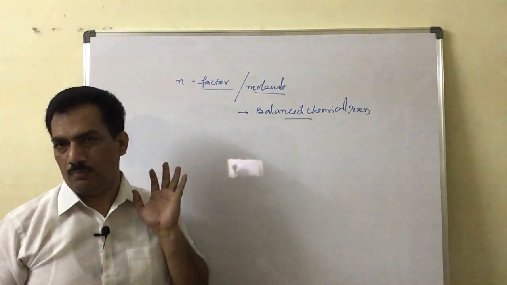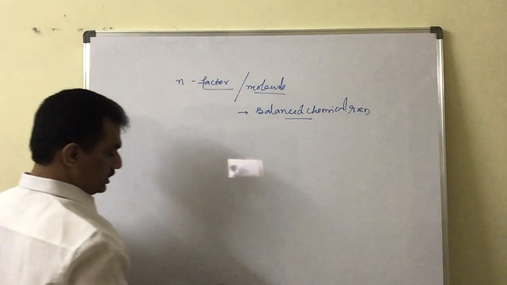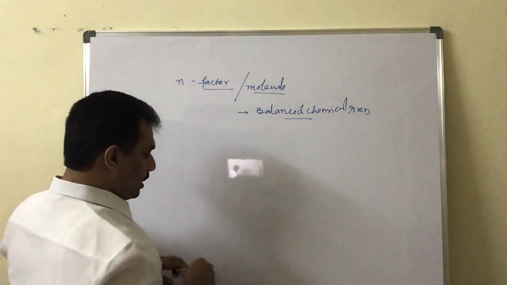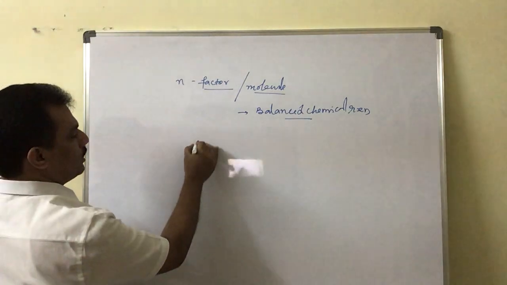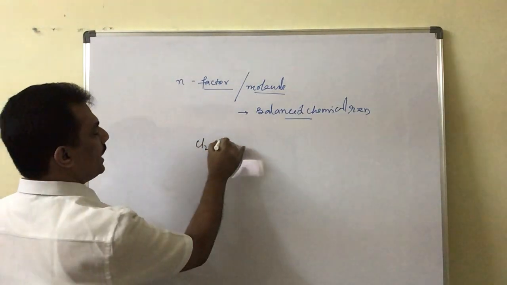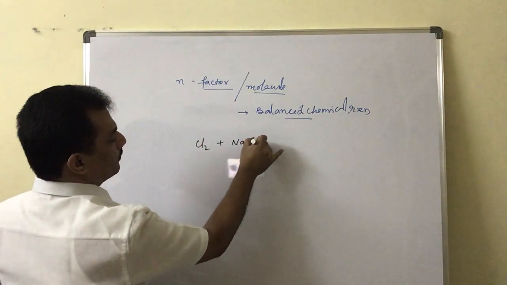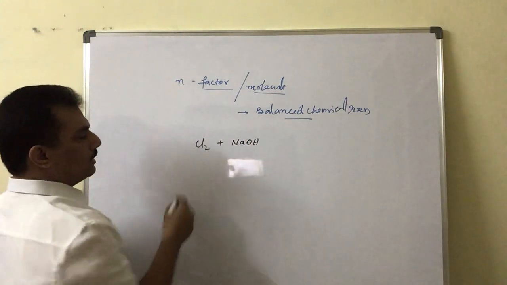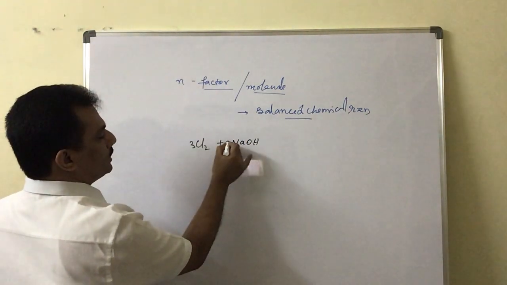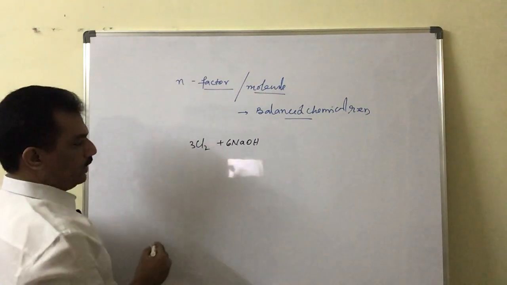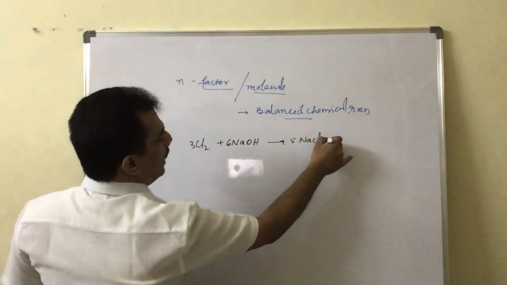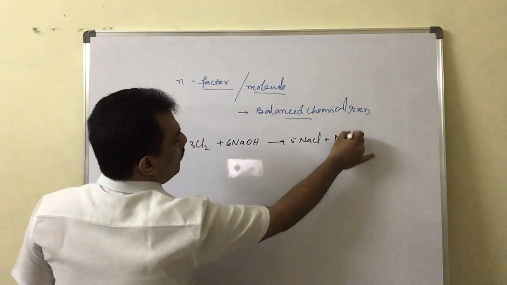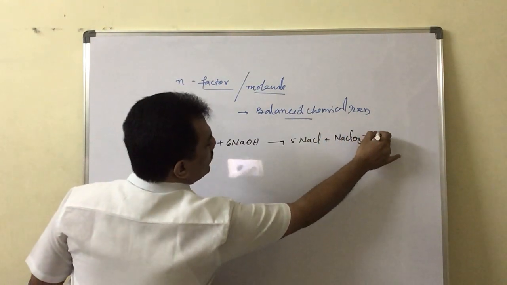Here let me give one example, the best example which you already studied in balancing equations. It is chlorine reacting with concentrated NaOH. If you recollect, it reacts with 6 moles of NaOH, giving 5 moles of NaCl and NaClO3 plus 3H2O.